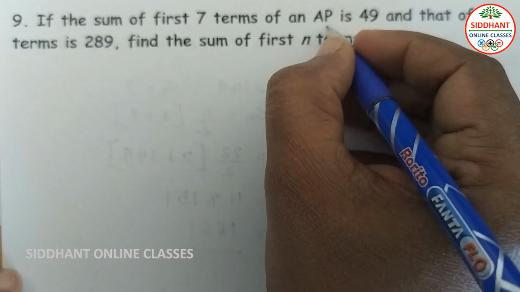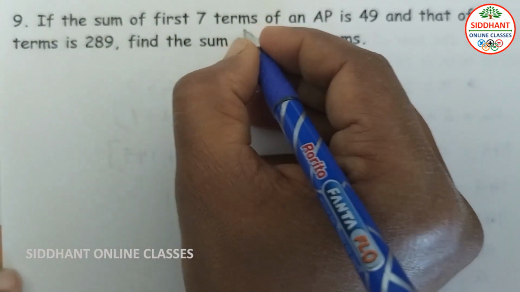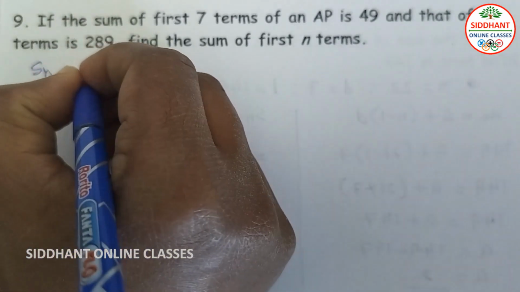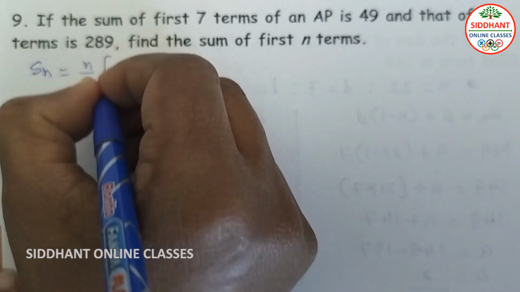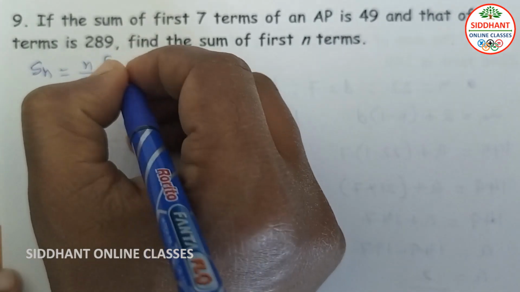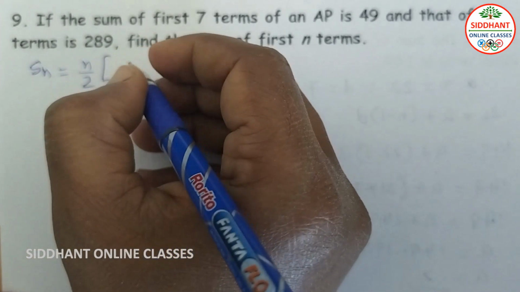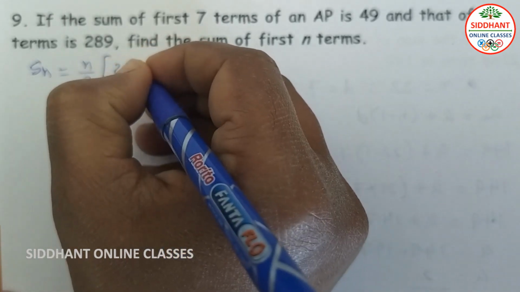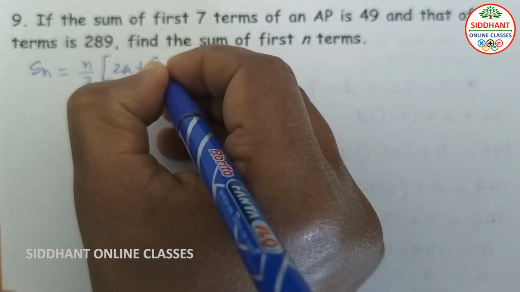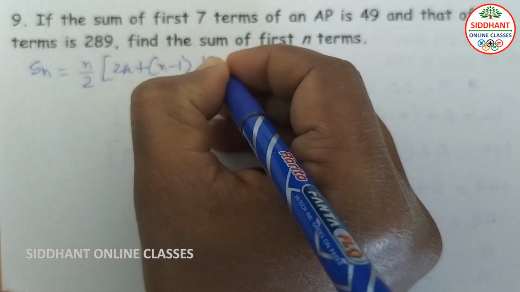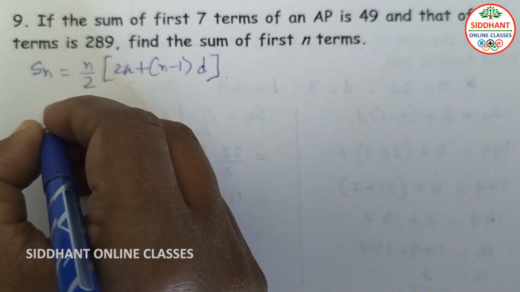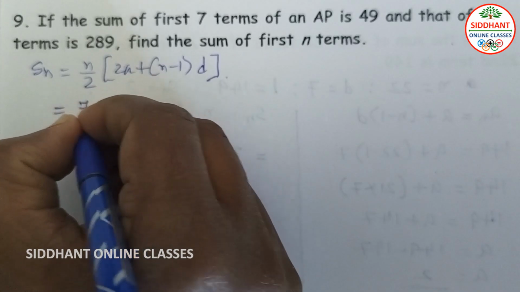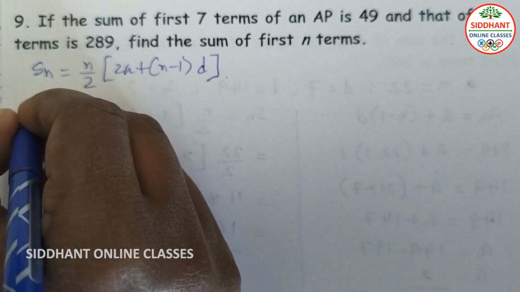So first, the sum of first 7 terms is 49, that means Sn equal to n by 2 into (2a plus (n minus 1) d). So here n, which is 7 by 2, and sum is 49 given.